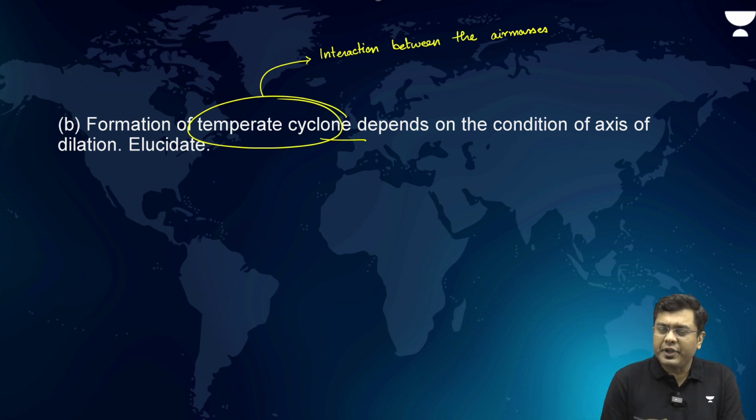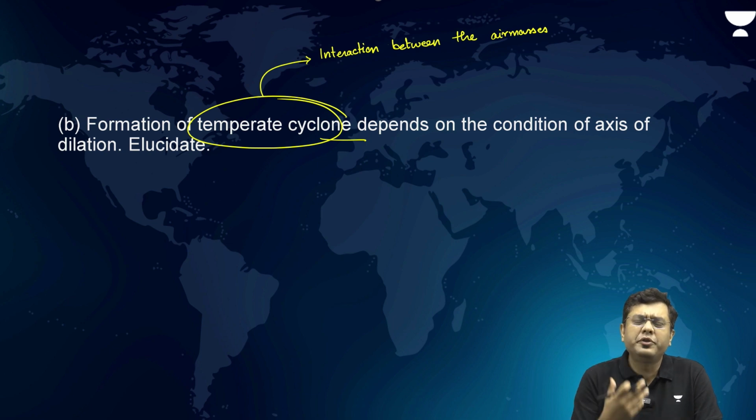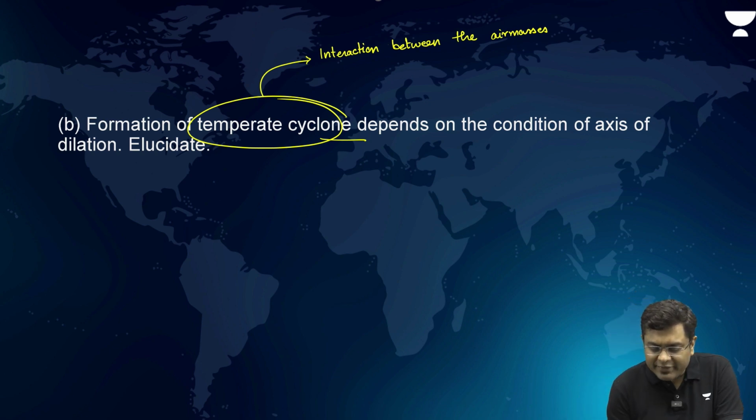So, here let us suppose if you take a top view of any particular region of an air mass, let us suppose we consider the mid-latitudinal areas. That is where, after all, the temperate cyclones are created with greater amount of frequency. So, in these mid-latitudinal areas, let us suppose you have an air mass of one particular characteristic coming from a direction.